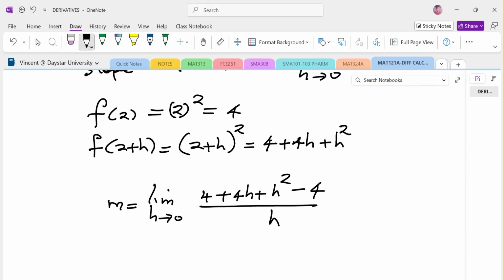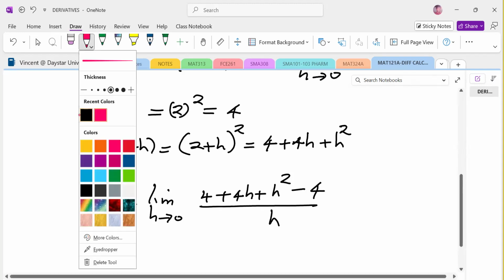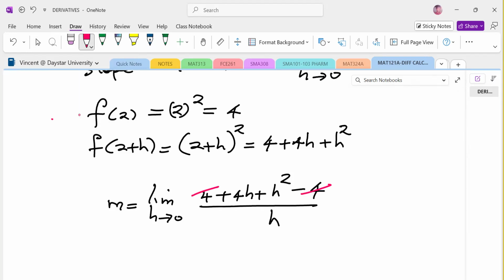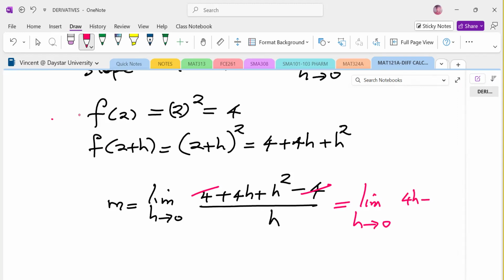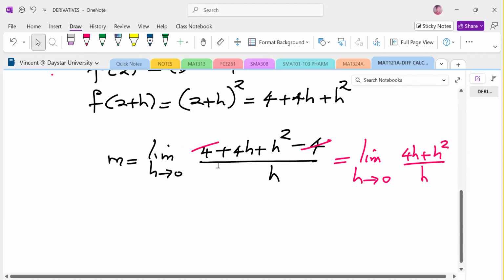Now here we see this 4 and minus 4 cancel out. So I'll have the limit as h approaches 0 of 4h plus h squared, divided by h. Now in the numerator h is common.